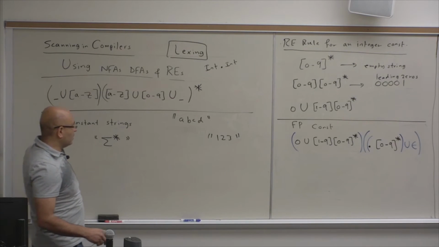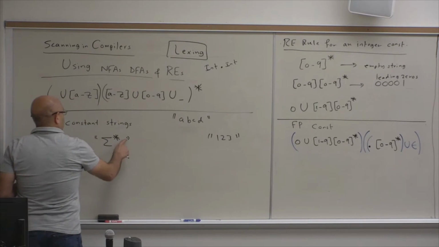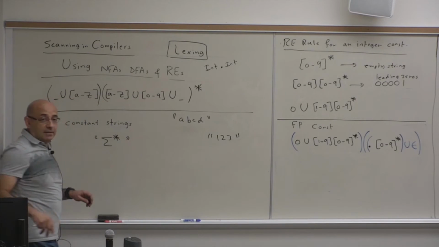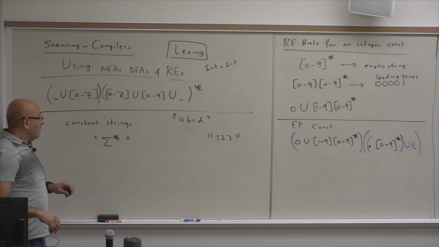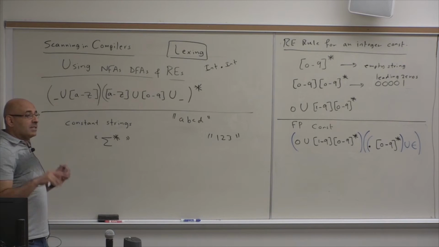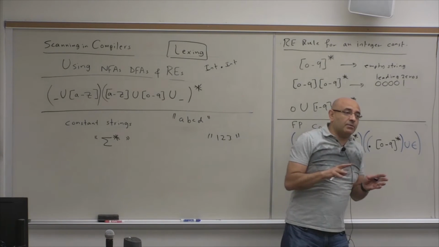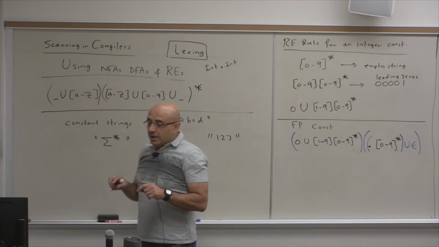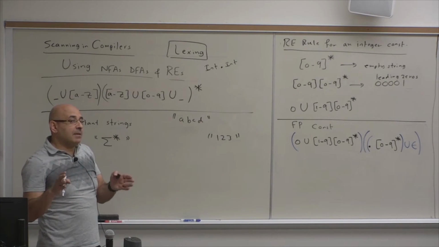Because if you close it, that's going to end the string. So you need to exclude the close quote. And to exclude it, using the operators that we have defined so far, you'd have to put all the valid symbols except the close quote.